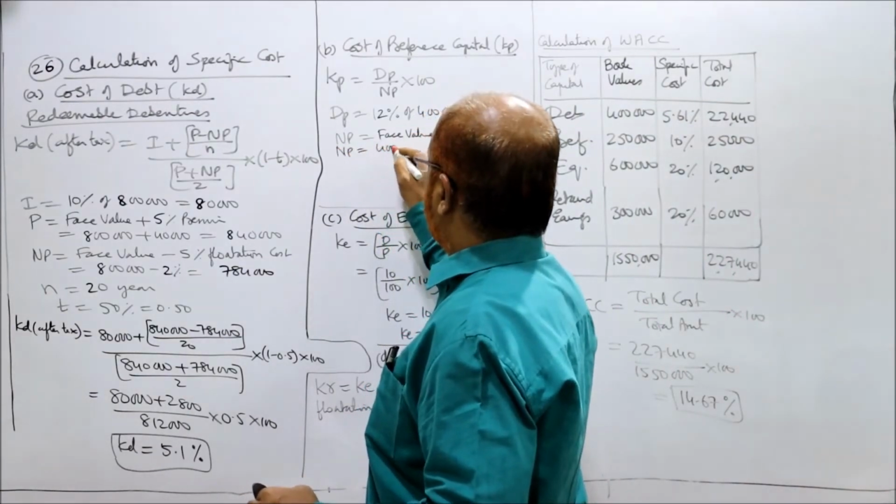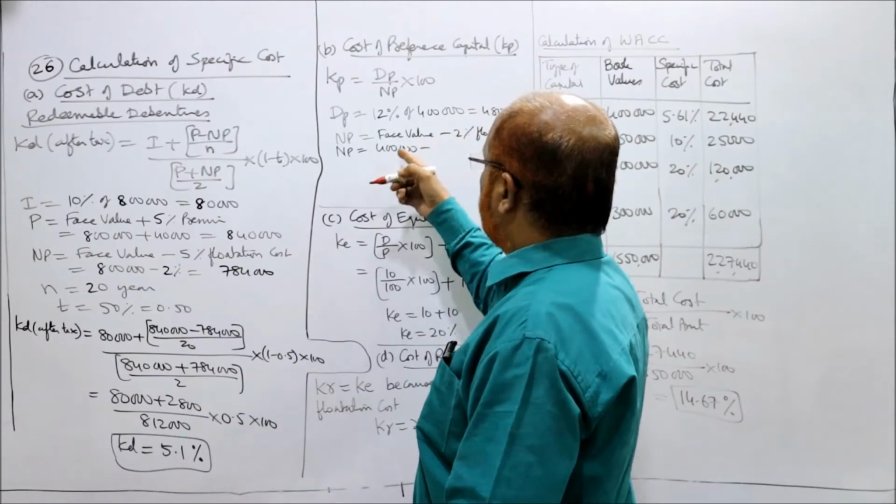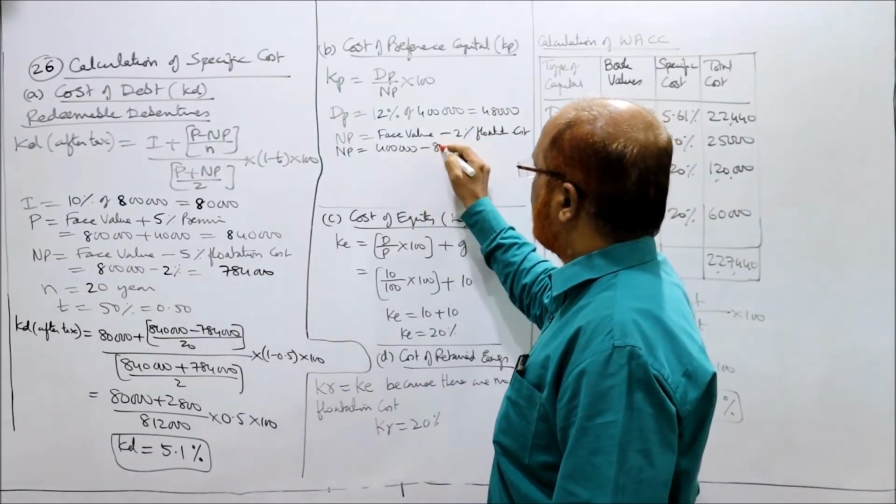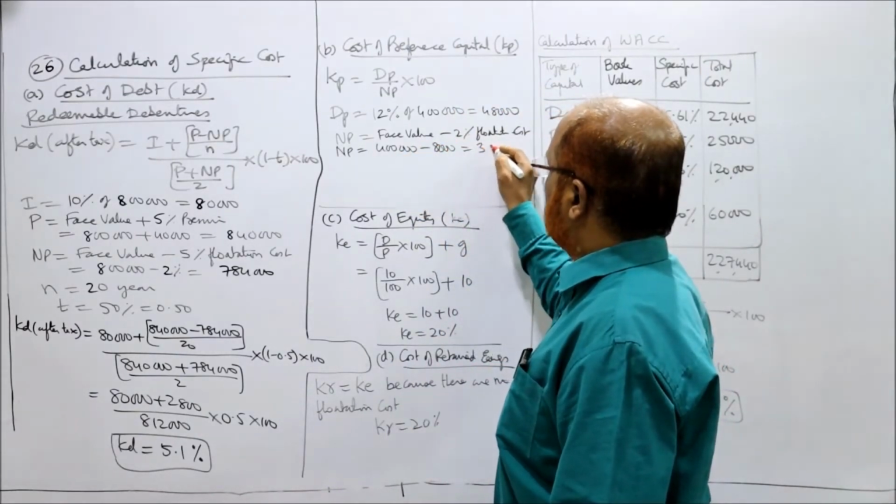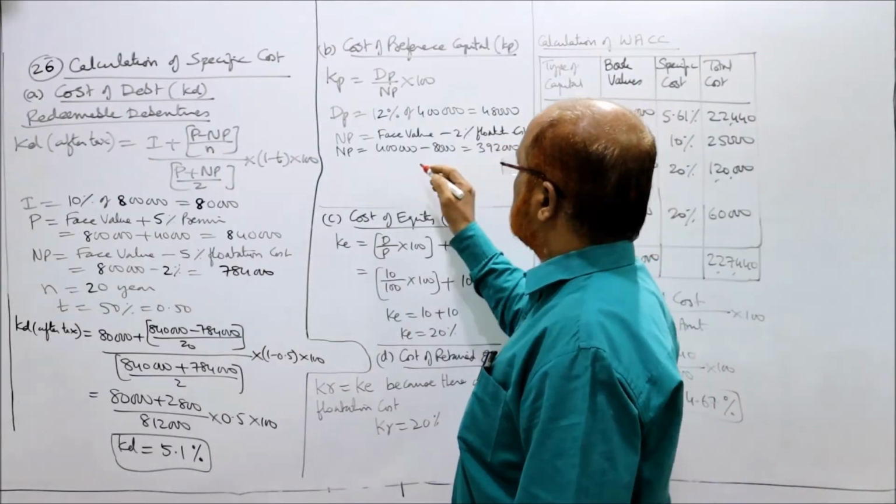Face value is 4 lakh, minus 2%, which means 8,000. That is equal to 3 lakh 92,000.